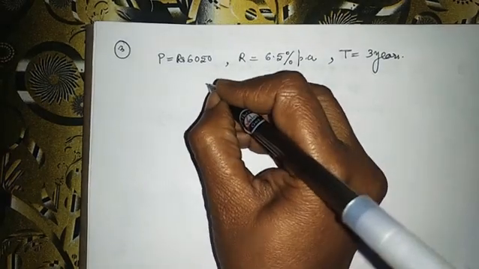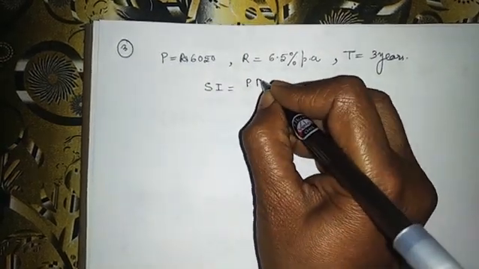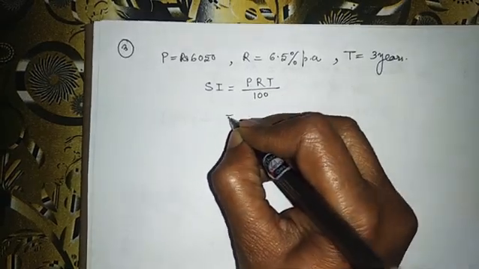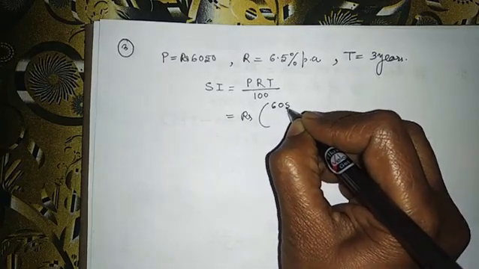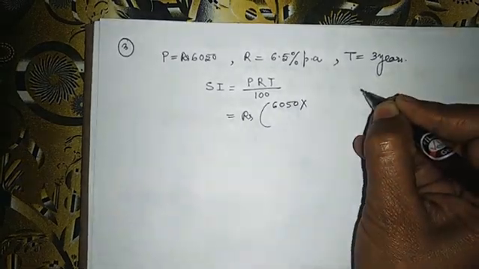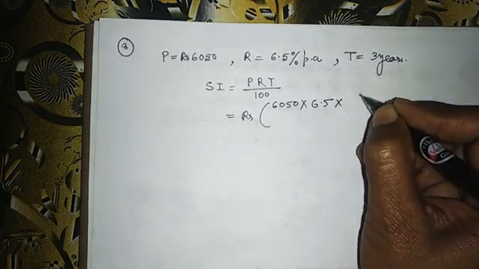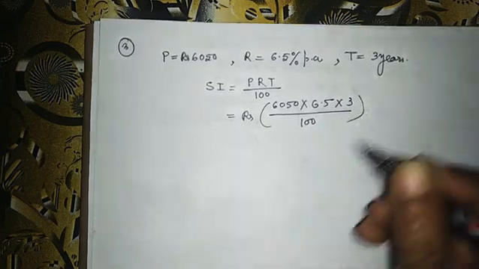First we will find out the simple interest. SI is equal to PRT upon 100. Here principal is rupees 6,050, rate is 6.5% per annum, time is 3 years, upon 100.